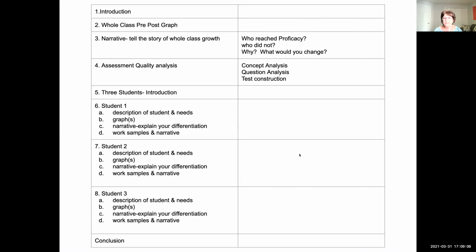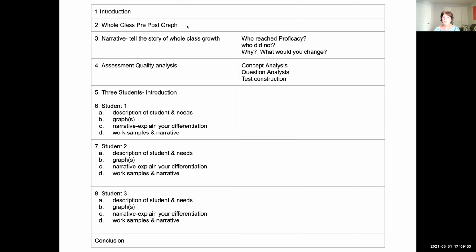And I think if I was going to give you an outline for what you're writing about, it might look like this. If I was writing this paper, I would have an overall introduction: this was my unit, this is what I taught, a little overview of your assessments.